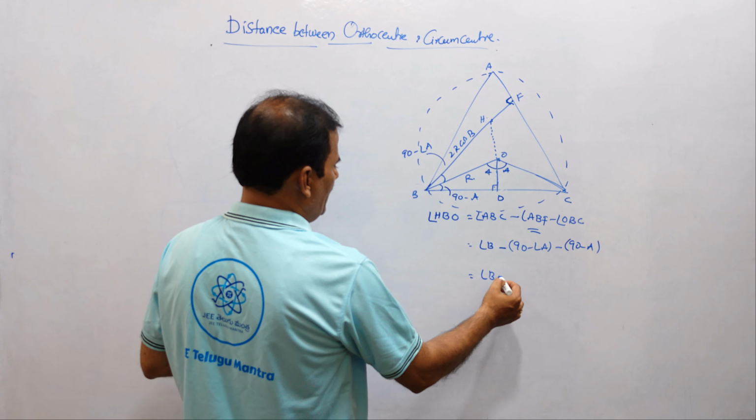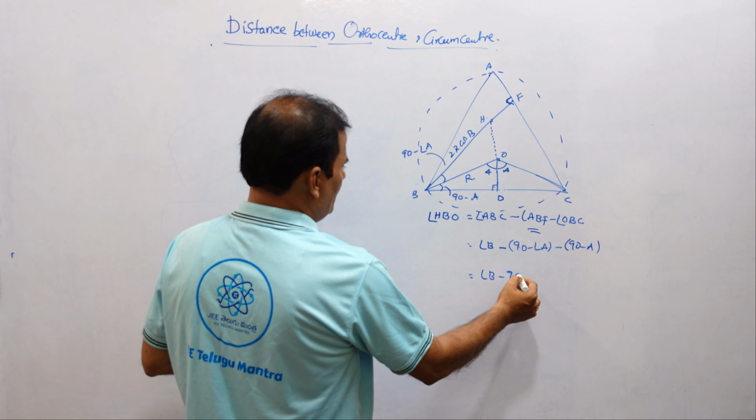Now angle B minus 90 plus angle A minus 90 plus angle A. Now here angle B minus 180 plus 2 angle A. Now 180 means angle A plus angle B plus angle C, plus 2 angle A. Now angle B and angle B cancel here.